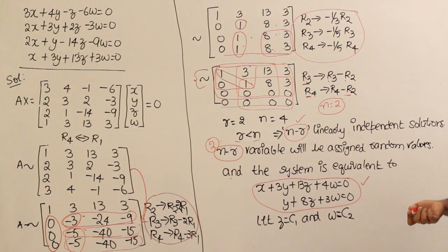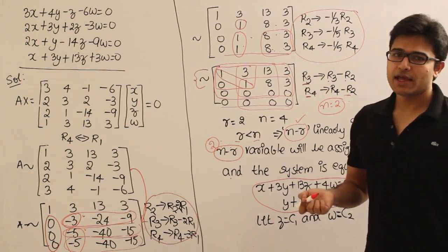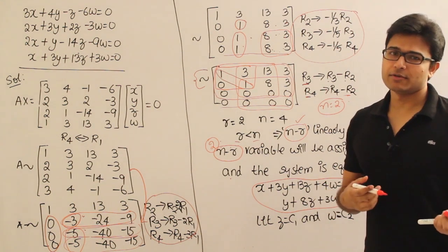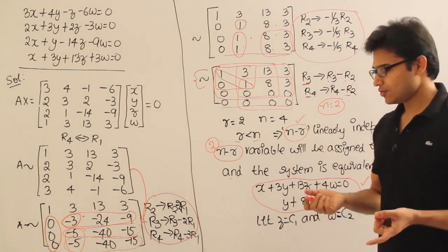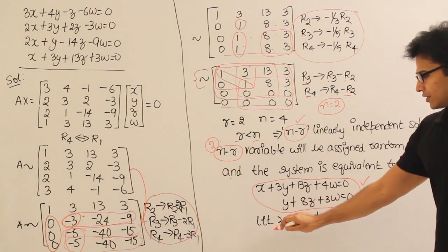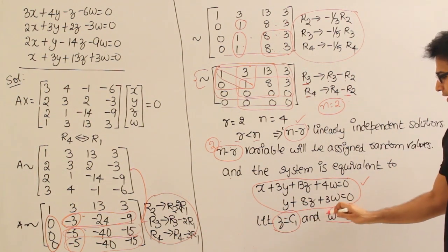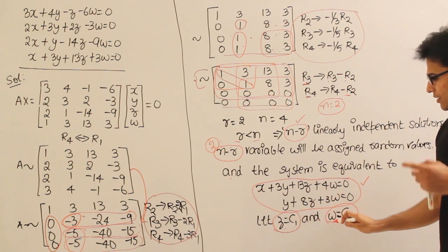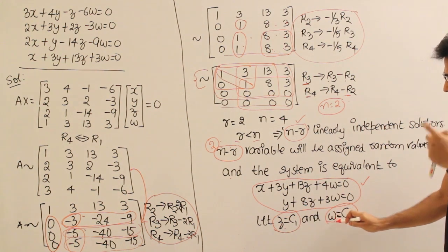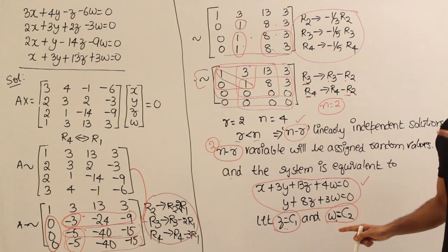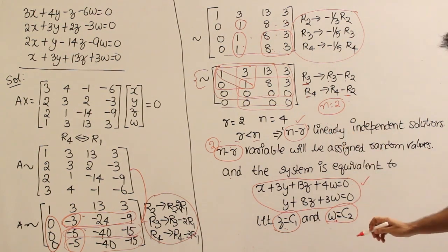You can take any 2 unknowns and assign them random values. It is not that you have to take w or x, you can take any 2. So I'll take z as c1 and w as c2. I am assigning random values to these two unknowns, and from them I'll find the values of the remaining variables.